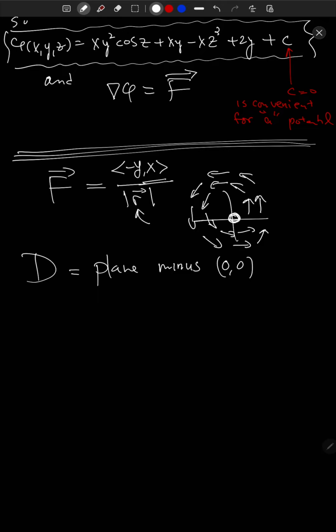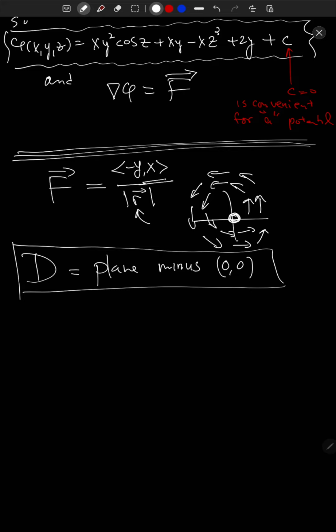We're just simply not allowed to look at the origin in consideration with this vector field because it's not defined there. And so this guy here is not simply connected. So we would not be allowed to use our criteria for conservative vector fields in this situation.